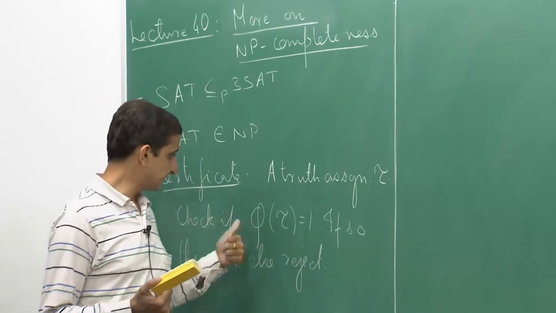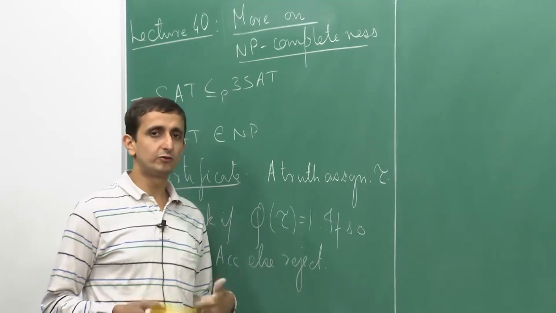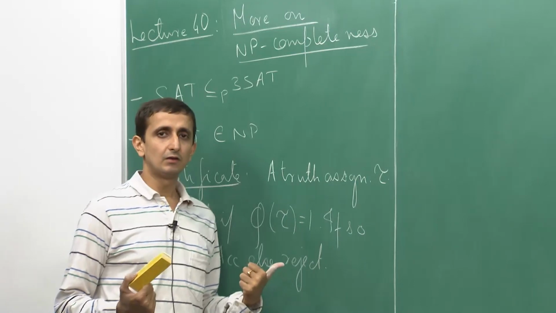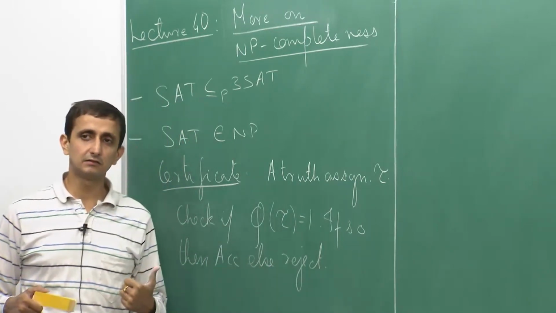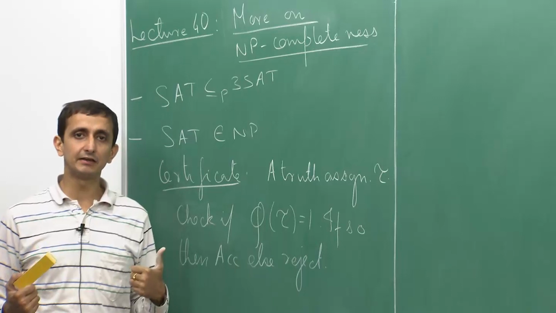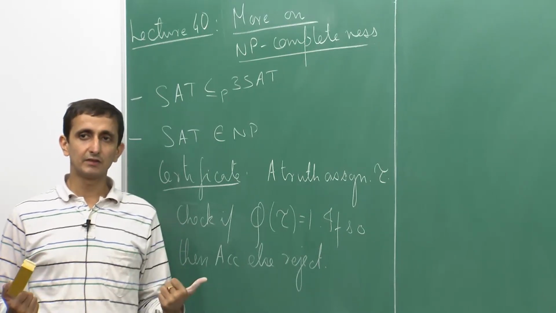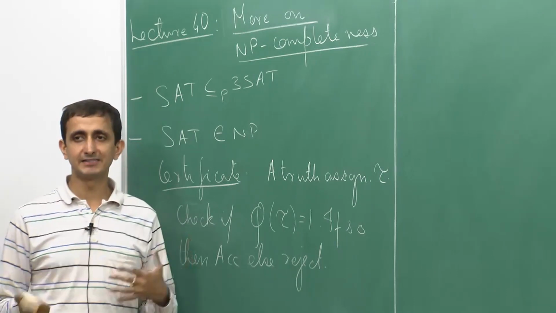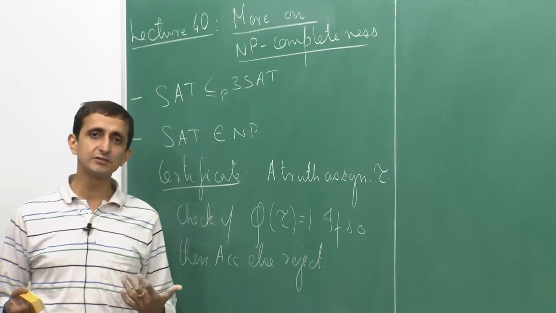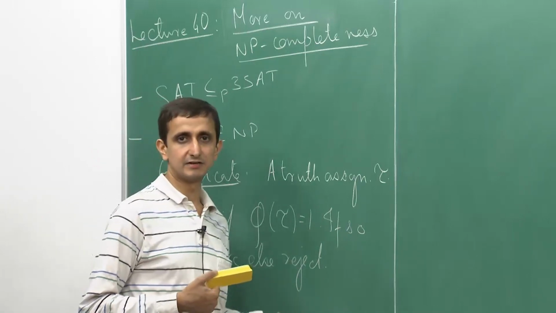But given just a Boolean formula, to check whether it is satisfiable, we do not know whether that can be checked efficiently in polynomial time, okay. Whether we can answer given just a Boolean formula whether it is satisfiable or not. So, one approach is to try all possible truth assignments. Okay.